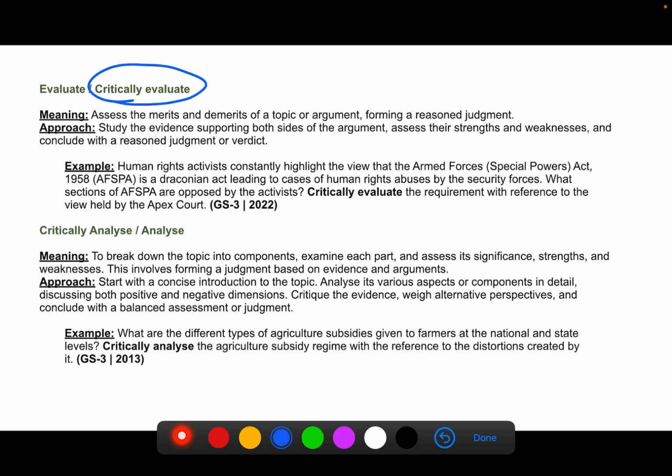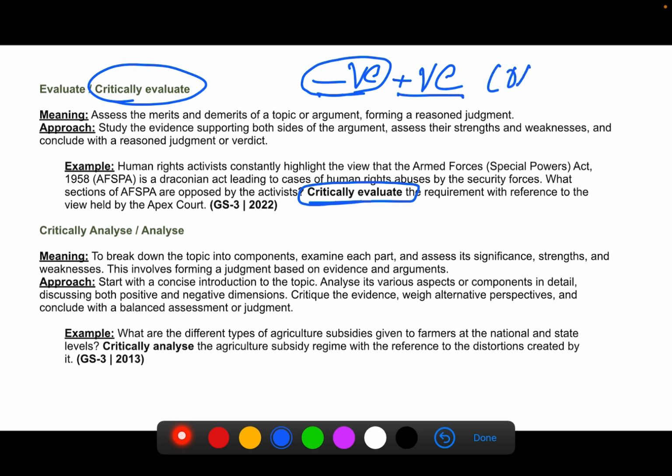This should be effectively understood by the aspirant. When the question specifically asks about critical evaluation or critical analysis, we need to give primacy to the negative aspects, apart from the positive aspects. The primacy should be negative, followed by the positive, with the conclusion of way forward.